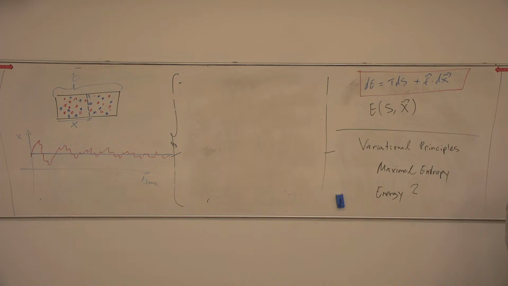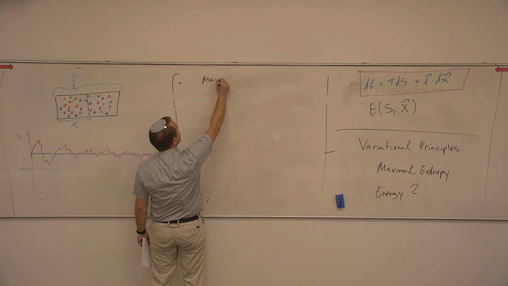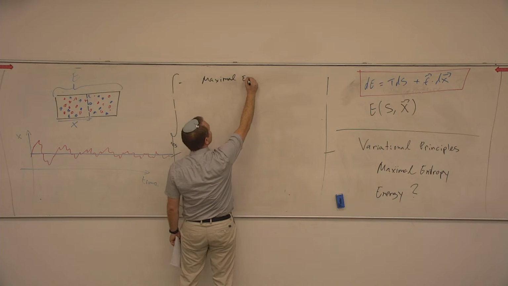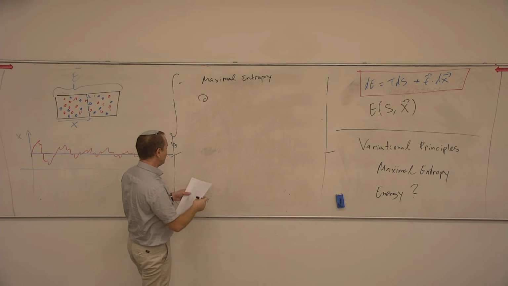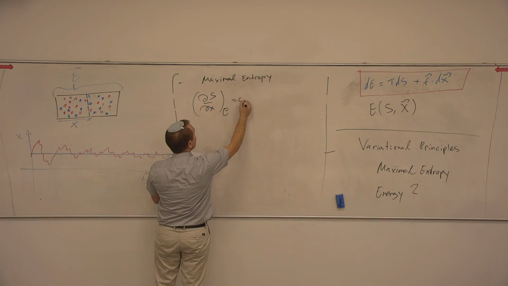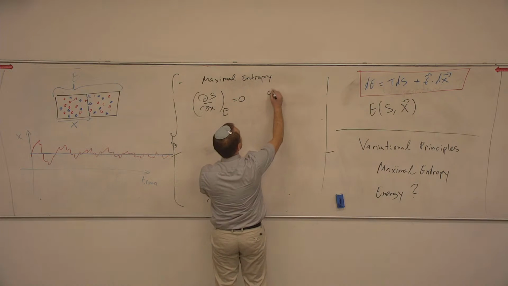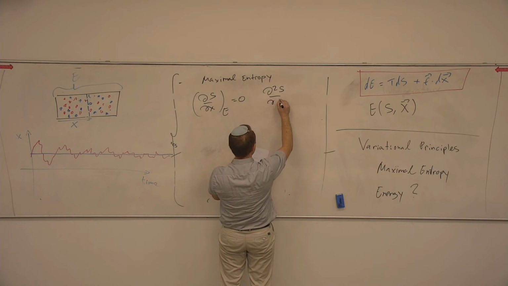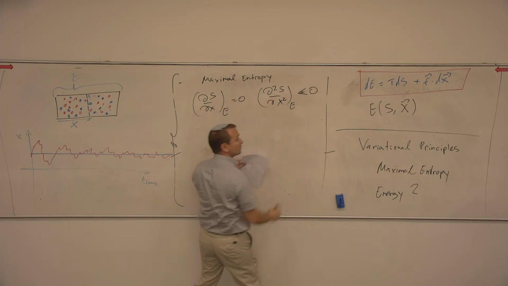Okay, so let's see why. It's not really difficult. Maximal entropy states the following. We have ds/dx at constant E equals 0, and it's maximal, so we have d²s/dx² at constant E smaller than 0, negative.